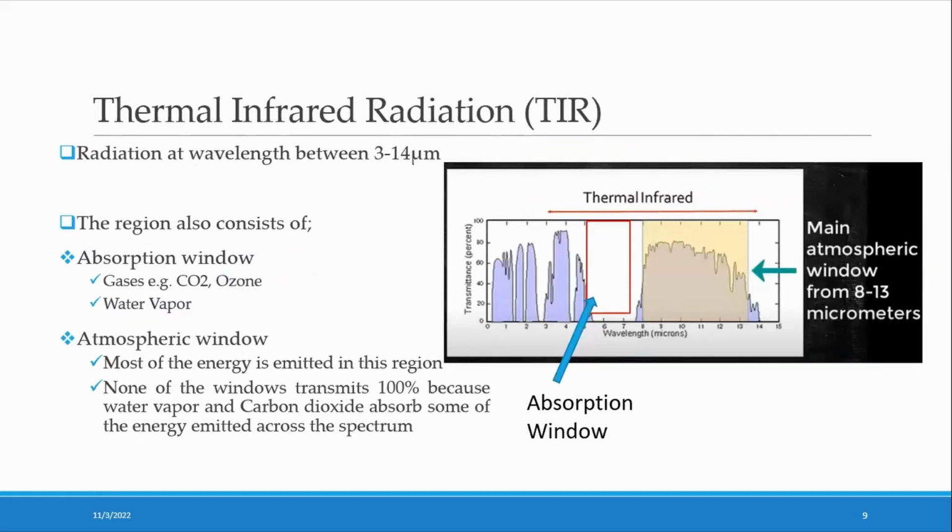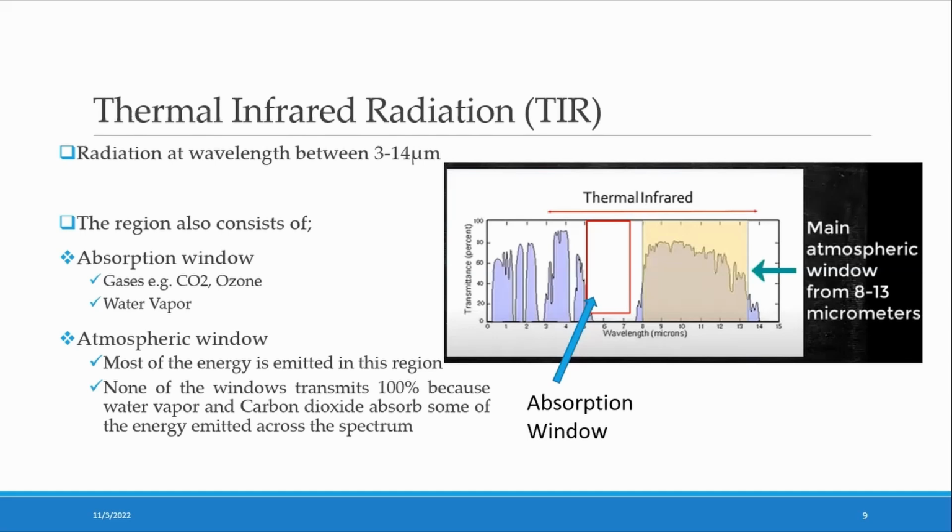This thermal radiation, like we have already said previously, ranges from 3 to 14 micrometers. However, what we should note is that not this entire region can be used for thermal remote sensing. And this is because there is absorption, which we call the absorption windows, and also the atmospheric windows.